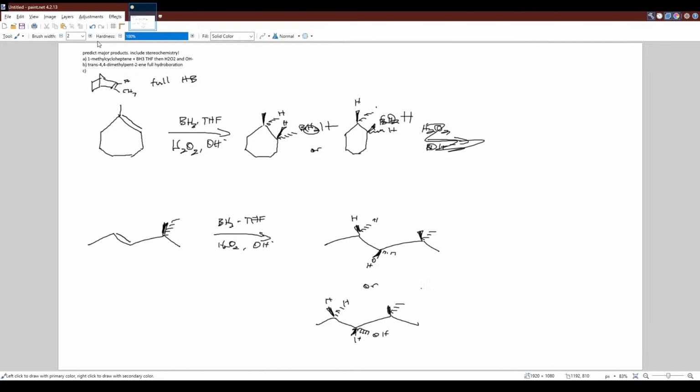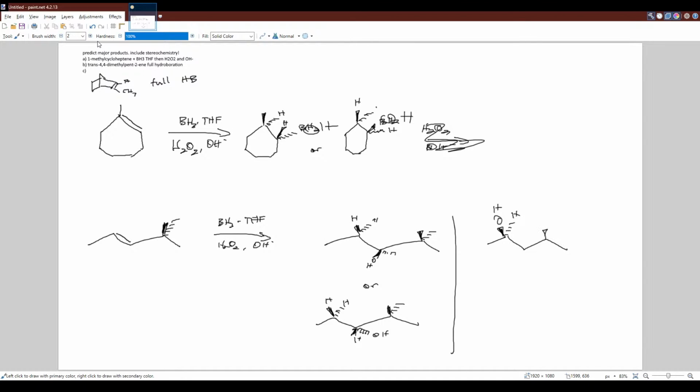Wait, but are these the same molecule? Let's think about this for a second. Are these the same molecule? No, I think they're enantiomers. Yeah, these are enantiomers of each other. Or we could get the diastereomer. You can get it like this.